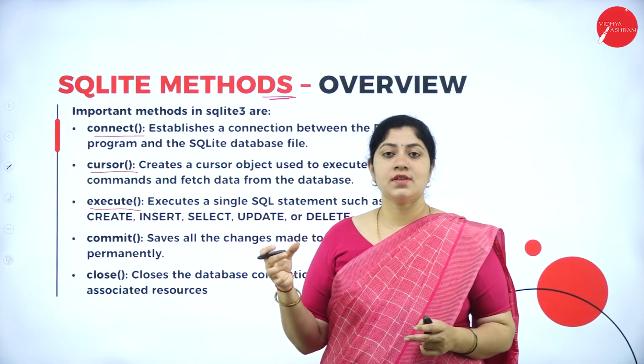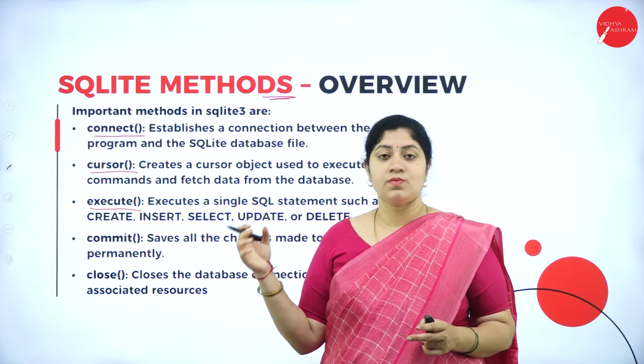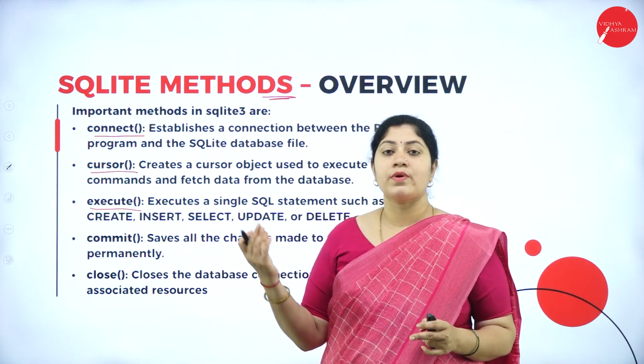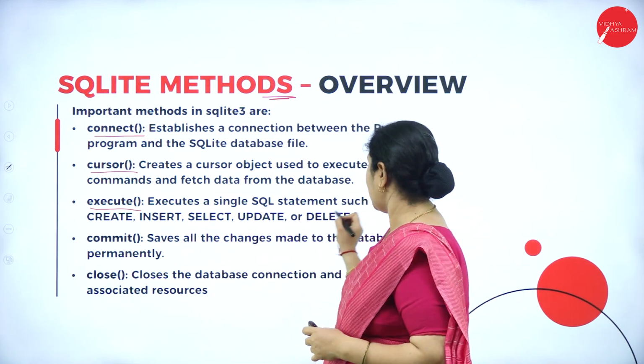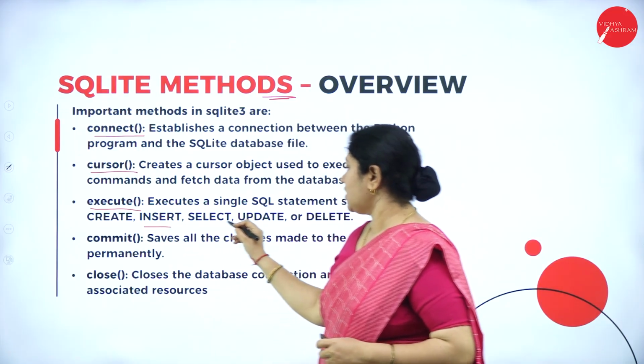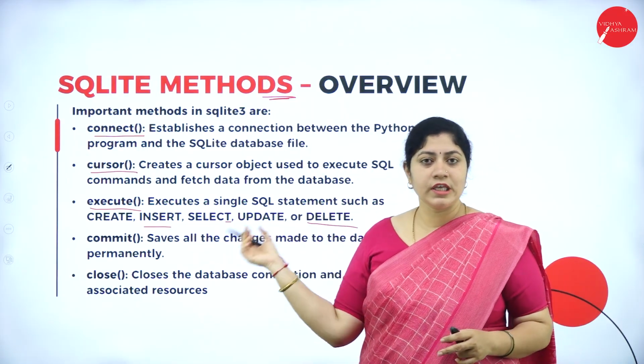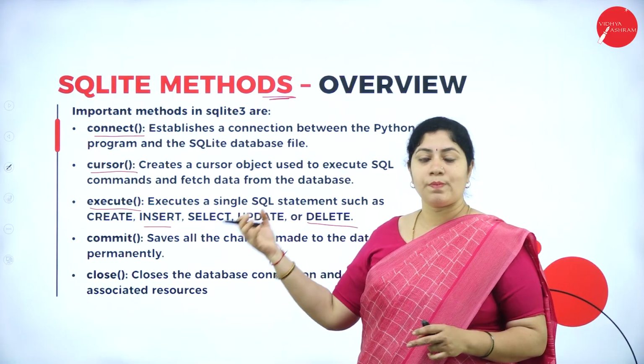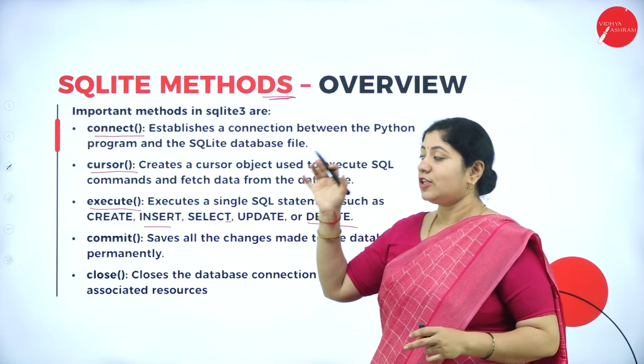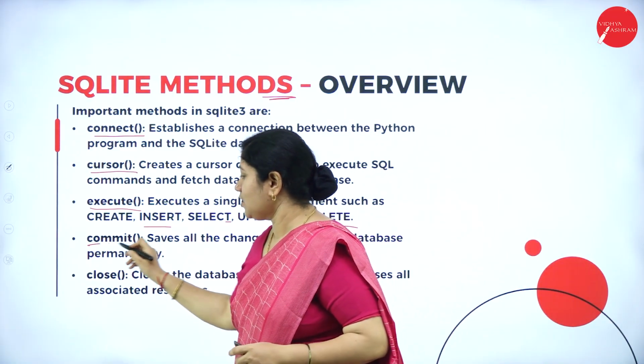The next method is execute. This is a single executable statement which is responsible for multiple operations like insert, create, select. Whatever you give as a keyword, that operation will be executed. The next method is none other than commit.